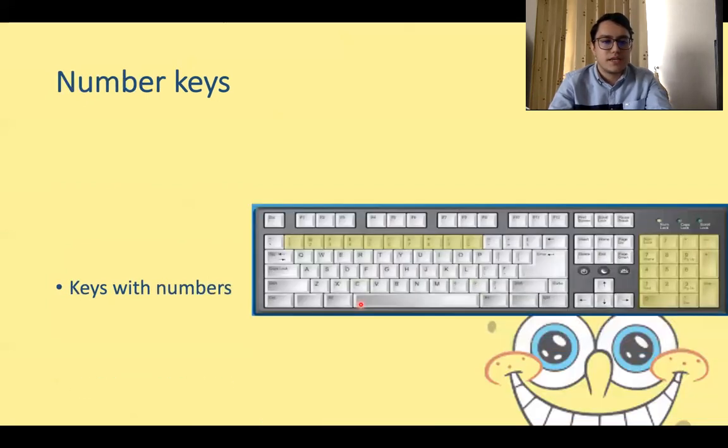Next, we got the number keys, which are basically the buttons or the keys that have numbers on them. 1, 2, 3, 4, 5, 6, 7, 8, 9, 0. All right, so this is on the top. But if you got a bigger keyboard, you will have the ones on the right too.